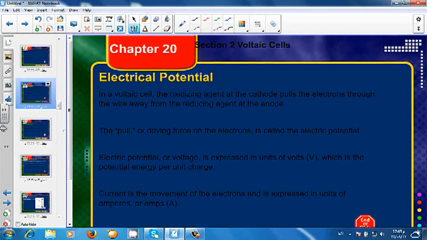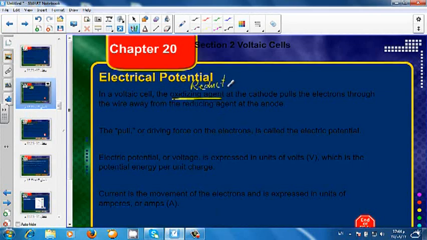In the Voltaic cell, the oxidizing agent at the cathode pulls the electrons through a wire away from the reducing agent. So I want you to focus on this. In the Voltaic cell, the oxidizing agent means the agent that suffers what? Reduction.